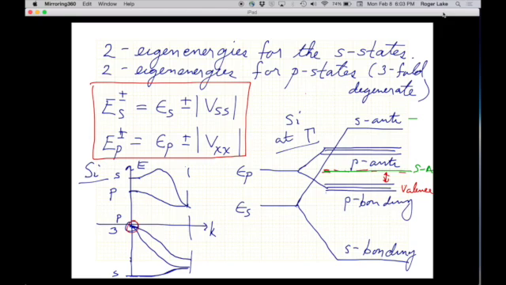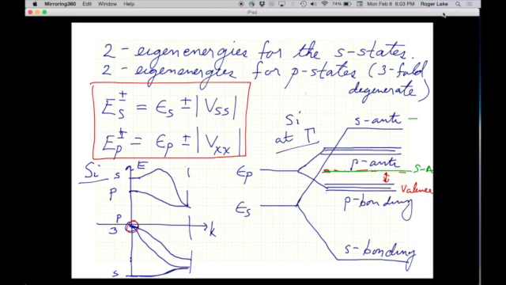And now we see that indeed the valence band at gamma is completely composed of p orbitals. And not only that, each one of the states, until you turn on spin-orbit coupling, is pure px, pure py, or pure pz. Even the p orbitals aren't talking to each other at gamma.